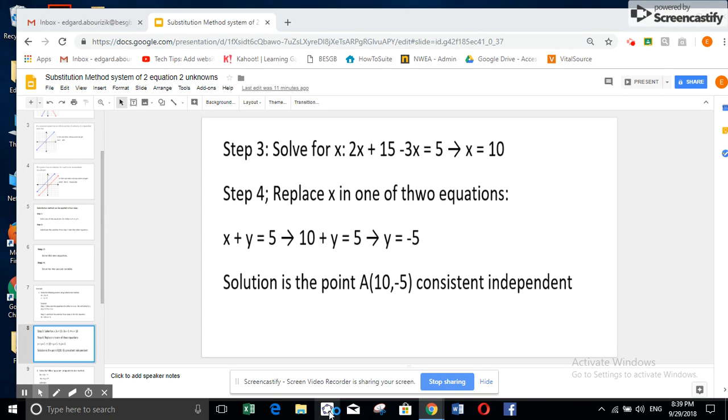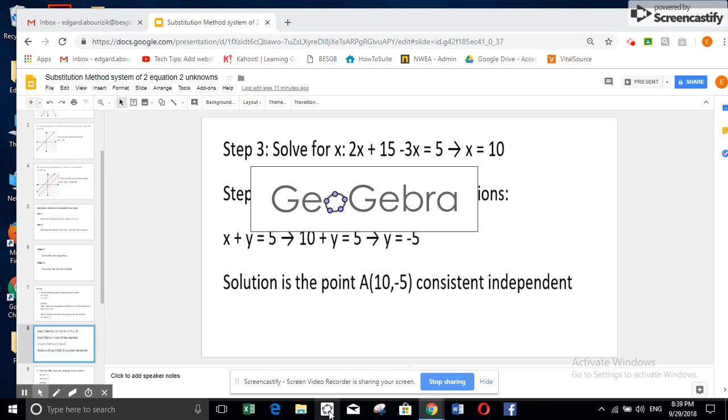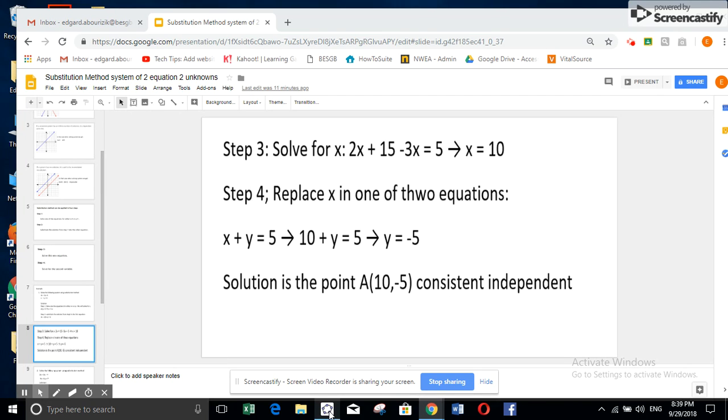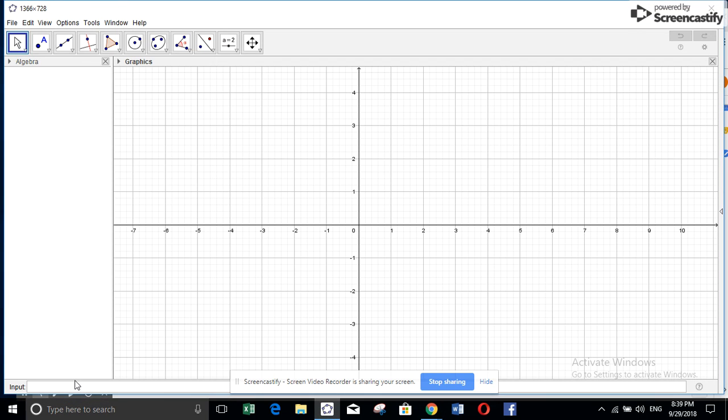Let us see it on the GeoGebra program, where we're going to graph these two lines and check the intersecting point. GeoGebra, you can download it online. It's free of charge. Anybody can download it. So let us put in the first equation: 2x plus 3y equals 5.